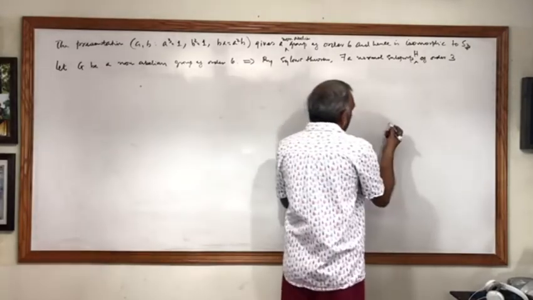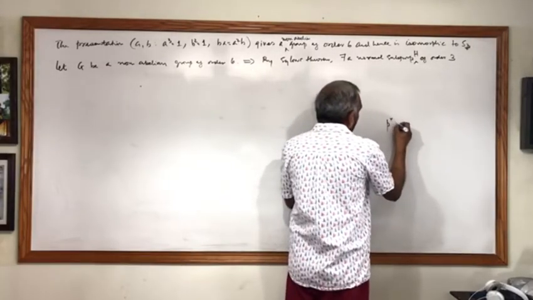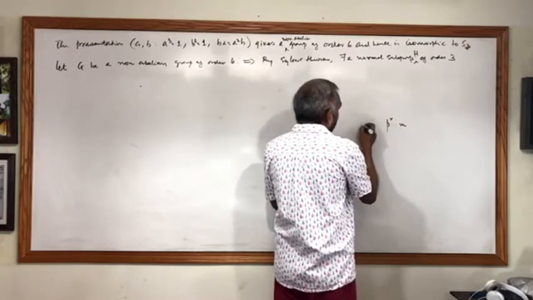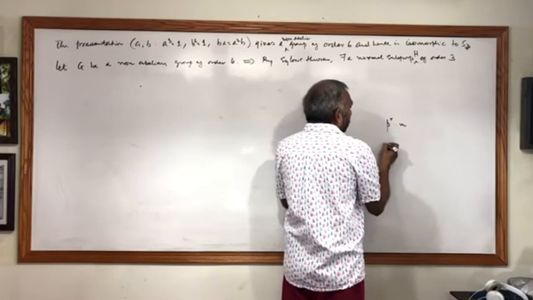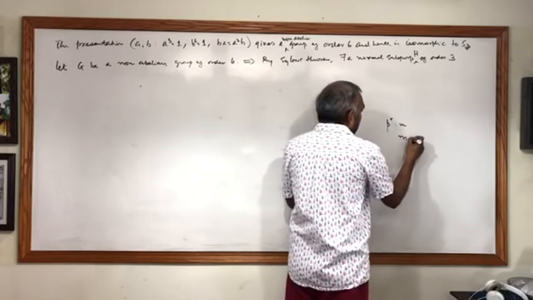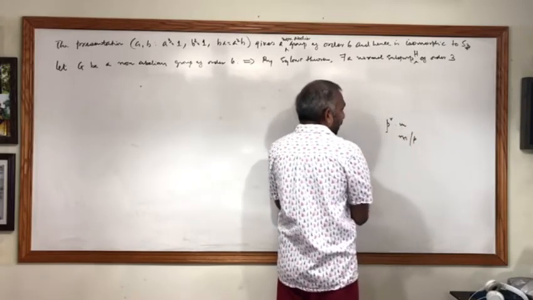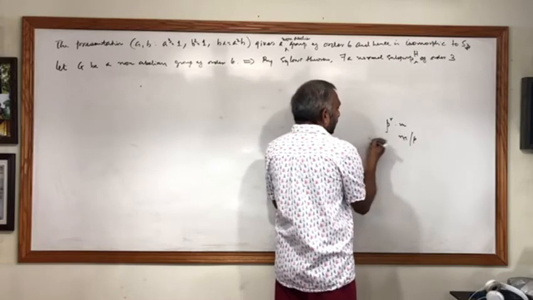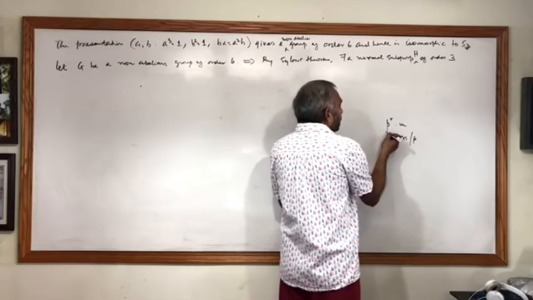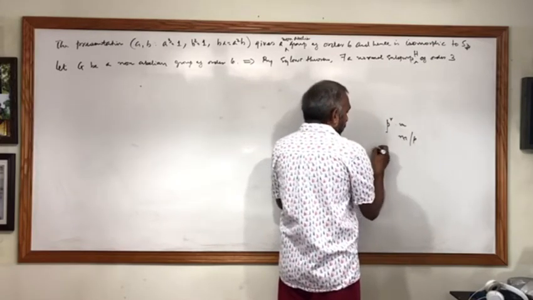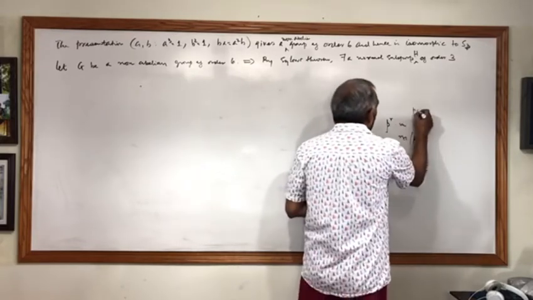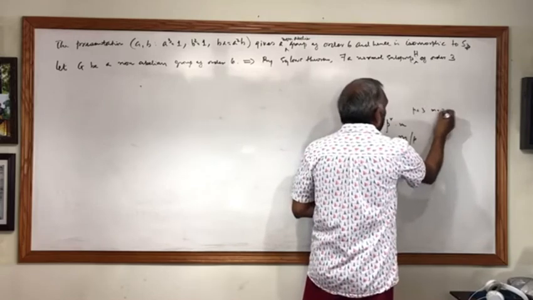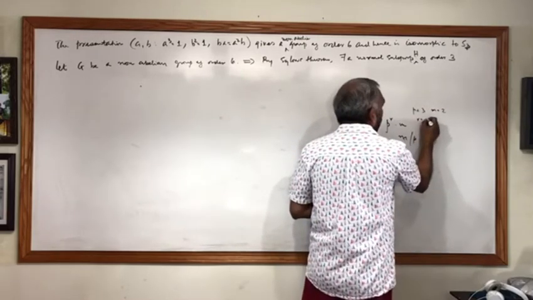See, what it says is p to the power of r times m. If the order of a group is p to the power of r times m, where m does not divide p, where p is a prime, then there exists a subgroup of every order p to the power of i. Okay, so here p is equal to 3, m is equal to 2, and r is equal to 1.